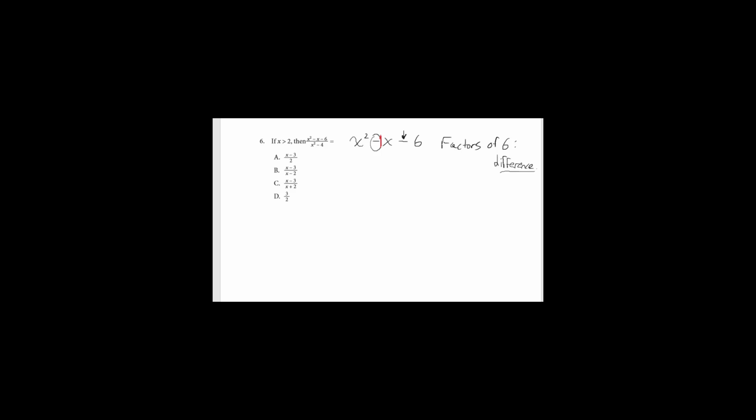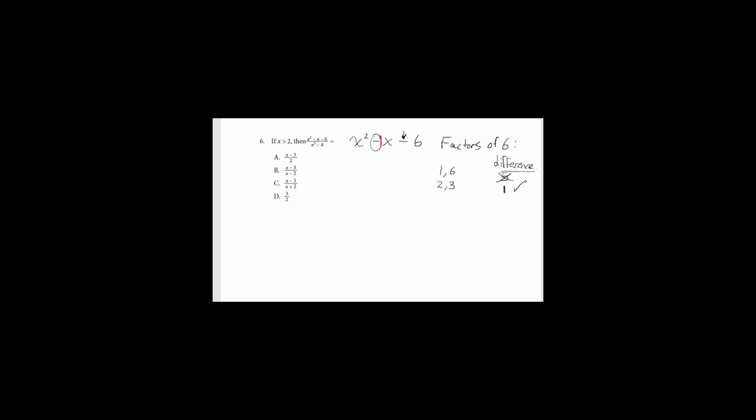So, the possible factors are 1 and 6, 2 and 3, and then that's it. So as far as subtracting these, we get 5, that doesn't work, or we get 1, that works.